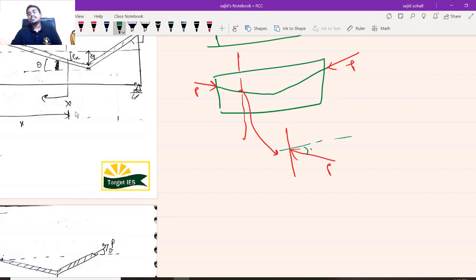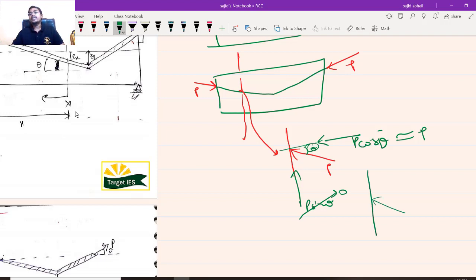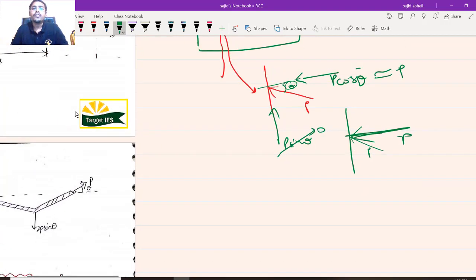If this is theta, it will be P cos theta, and this will be P sin theta. I am assuming this theta is small. So I get P cos theta similar to P, and P sin theta becomes zero. Even if it is making a certain angle, I can take it as P if theta is less. So the concept is quite same.